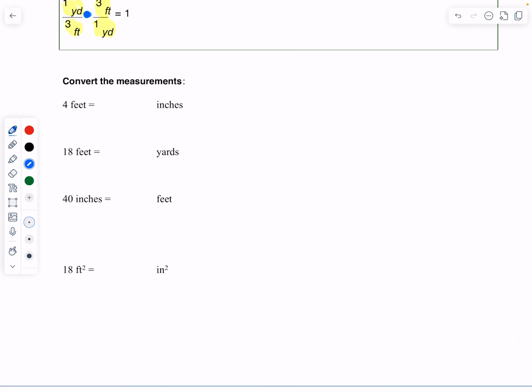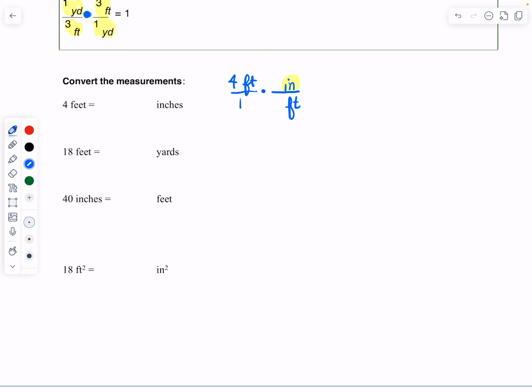The first one says convert the measurement 4 feet into inches. So what I'm going to do is put 4 feet over 1, creating a unit. And now I want my units to cross out. So I'm going to put feet on the diagonal and inches on top. Whatever you want to end up with should be in the numerator, or the top of the fraction, in this case a ratio.